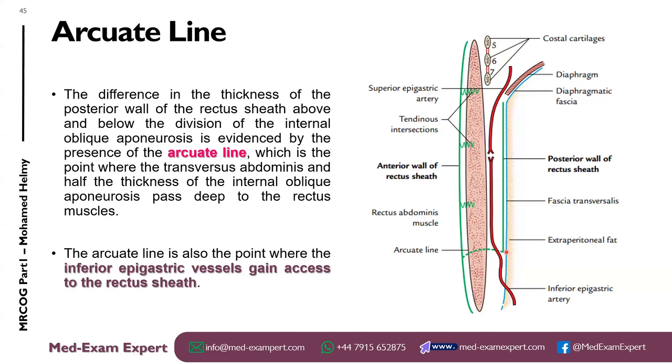The arcuate line is midway between the umbilicus and the symphysis pubis, and it marks the end of this splitting of the rectus sheath. Anatomically, it also presents where the inferior epigastric artery gains access to be enclosed in the rectus sheath. Am I clear so far, everyone?